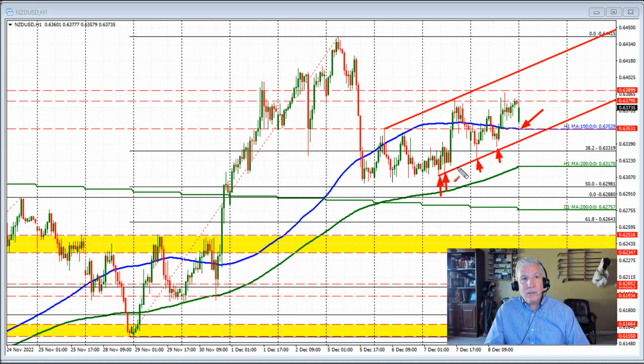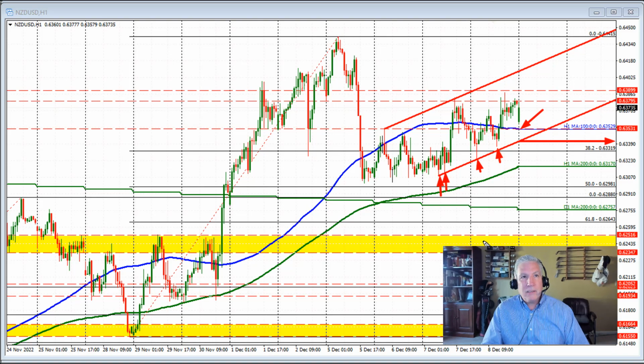Yesterday we tried to come down and test that level in the late London morning session. Couldn't do it. Couldn't get below that level. Forced the price back up to the upside. So we'll be watching that level right through here, which comes in around the 0.63442-ish area, somewhere around there, and moving higher for the New Zealand versus US dollar. So pay attention to that.